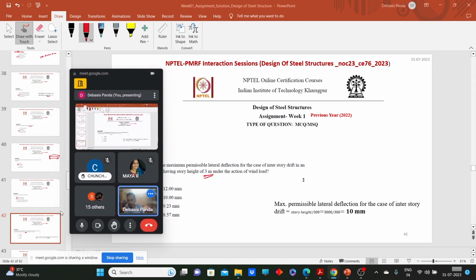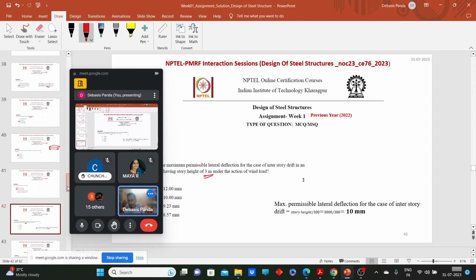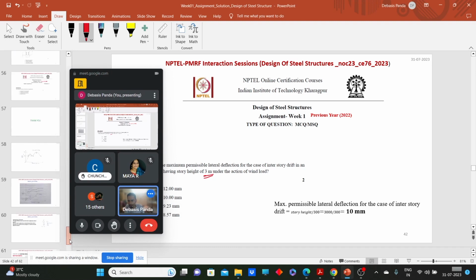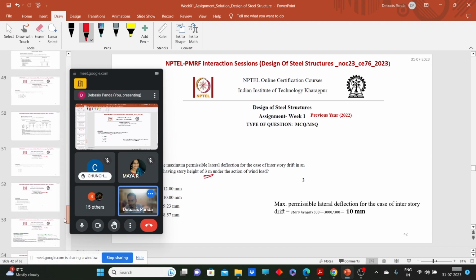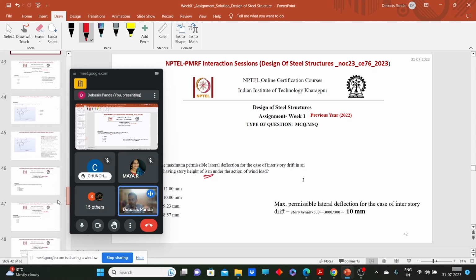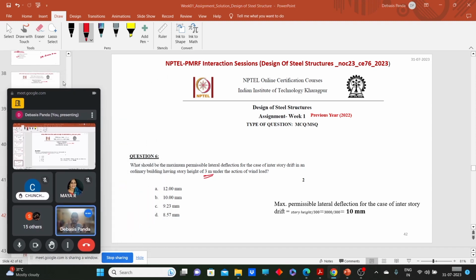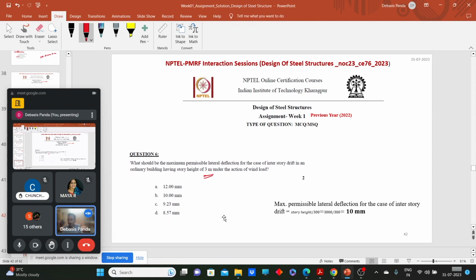I forgot to attach this code portion here, so I will attach it. Generally for the interstory drift, we consider the deflection limit as the story height divided by 300. Here the story height is 3 meter, so we can convert it into millimeter and we will get the answer.